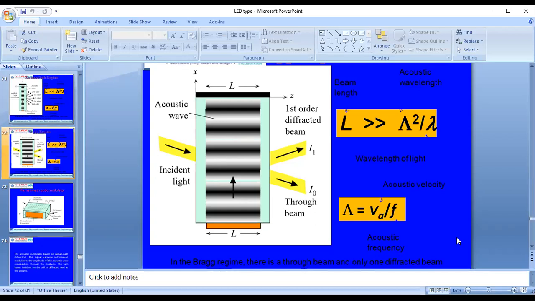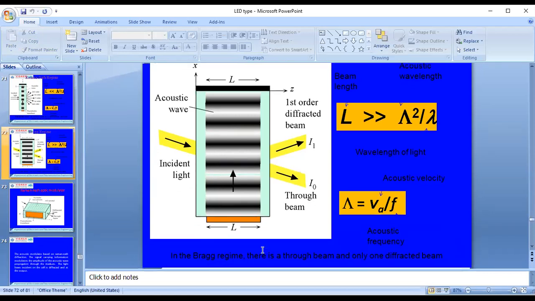Those things are to be considered for the Bragg's equation based acousto-optic modulator as well as the Raman-Nath acousto-optic modulator. So here we have observed the difference between those two methods.